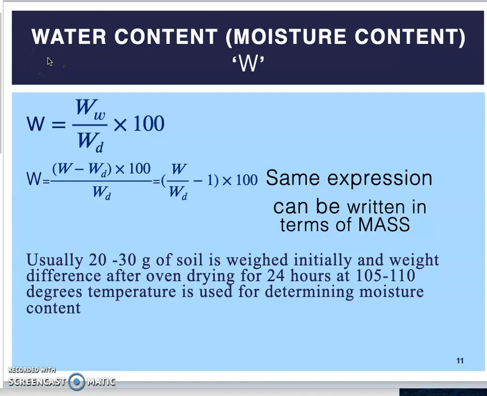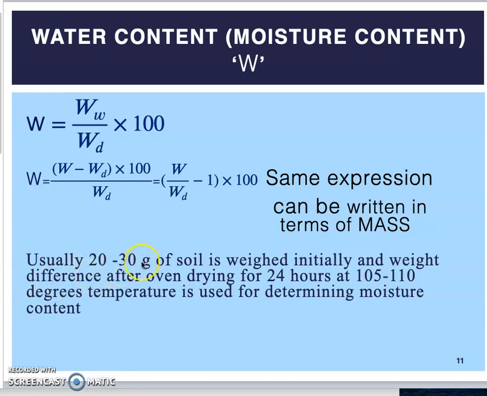Water content is given by weight of water divided by dry weight of soil particles. Practically, how is this weight of water determined? Usually we take a few spoons of soil sample.